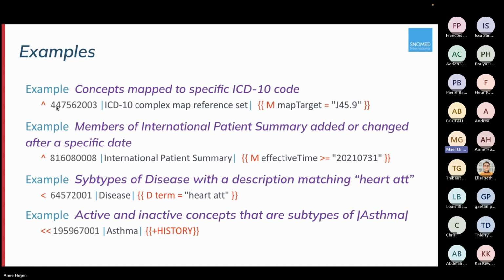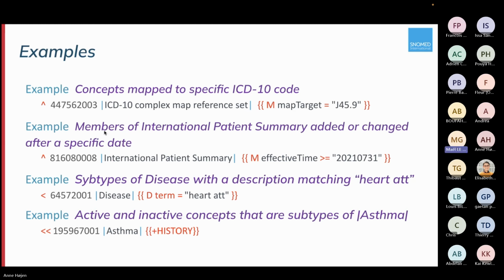We can use the filters to specify exactly what types of map record we want to look at. So in this one, give me all the members of the map to ICD-10, but where the map target is J45.9. So this would return all the SNOMED concepts that are mapped to this code in ICD-10.